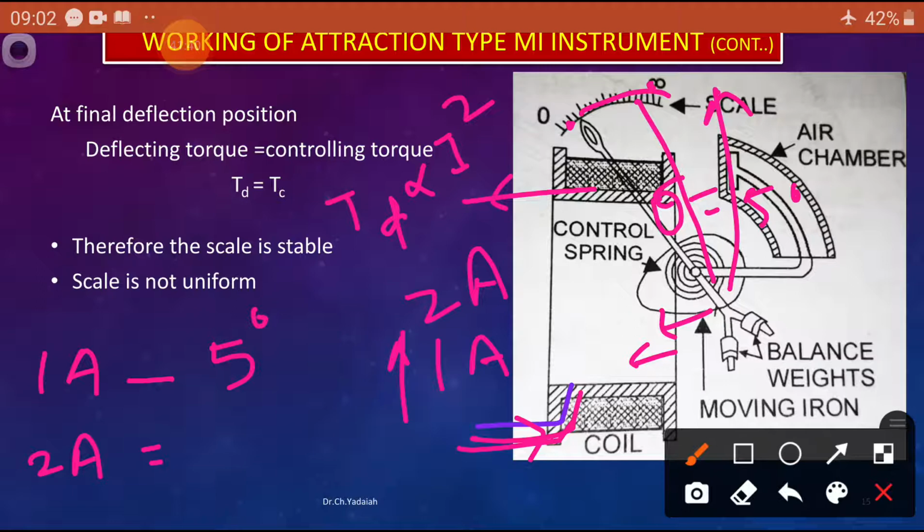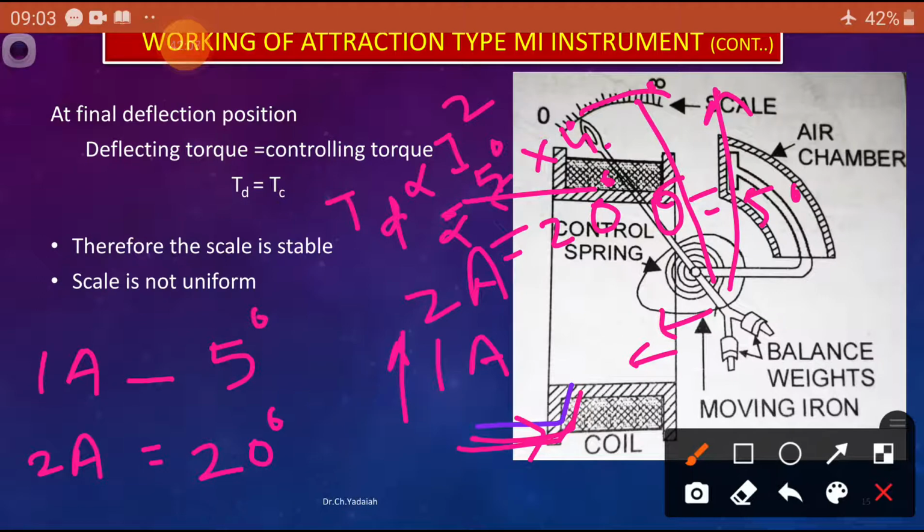So I is 2 amperes, 2 squared. For 1 ampere 5 degrees, and now 2, that is 5 degrees into the square of the current, 2 squared is 4. That means 4 times 5 is 20. Now we are going to get 20 degrees deflection.